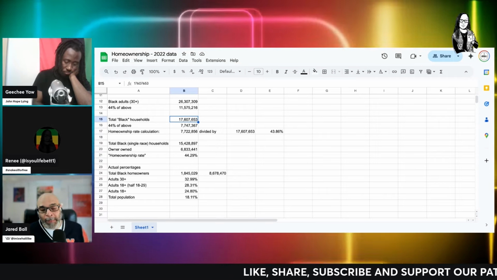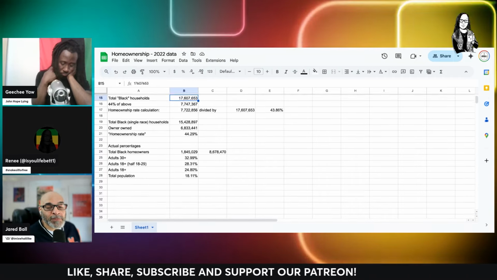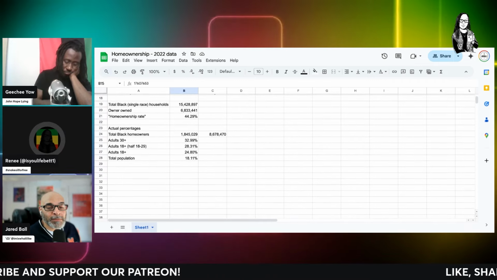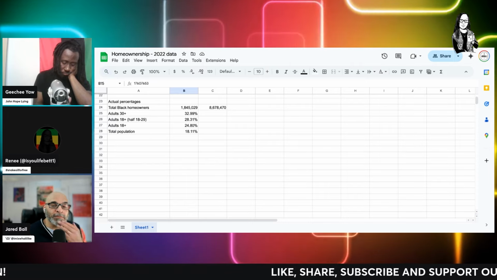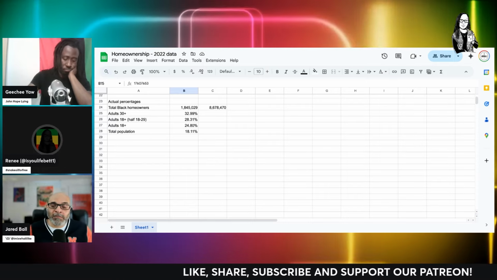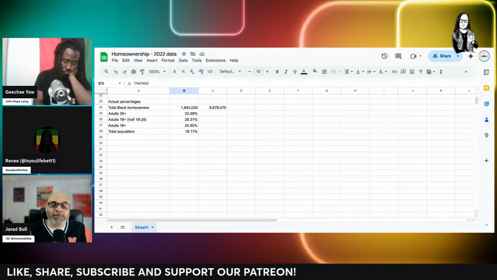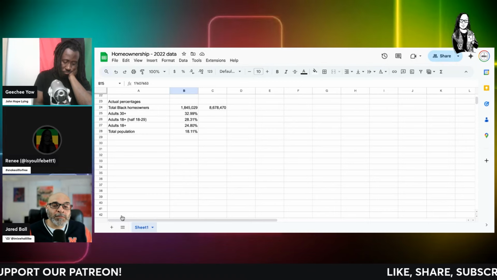Right. So underneath is the actual percentages, because y'all know how I get. The total Black homes, so I went back to the number, that's 6.8 million. And 27% of that group were couples. So I went ahead and did the math. 27% of that 6 point whatever is 1.8 million.